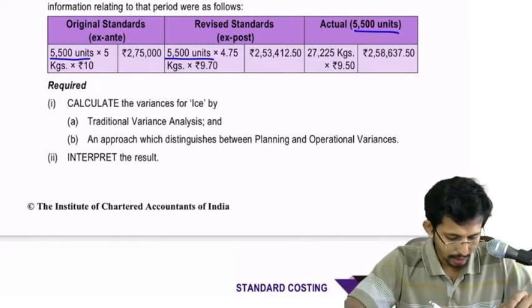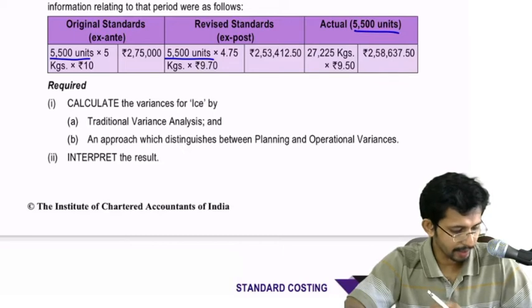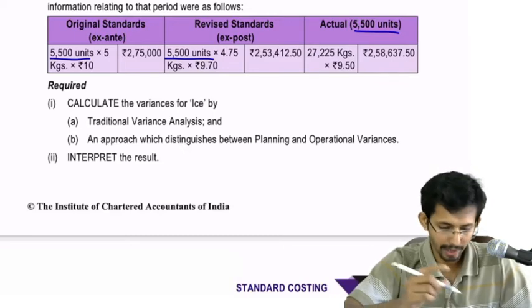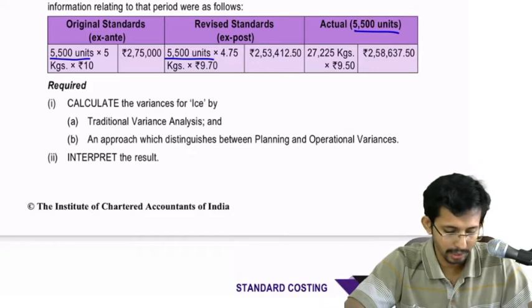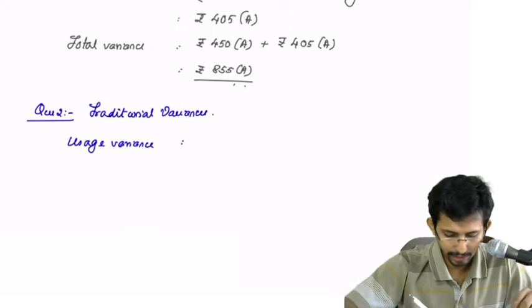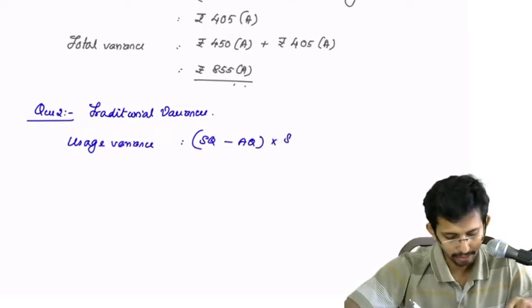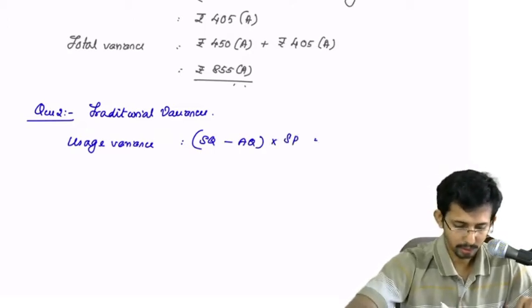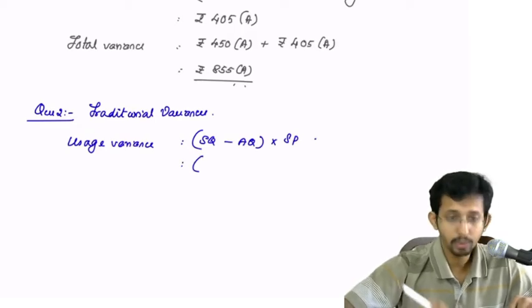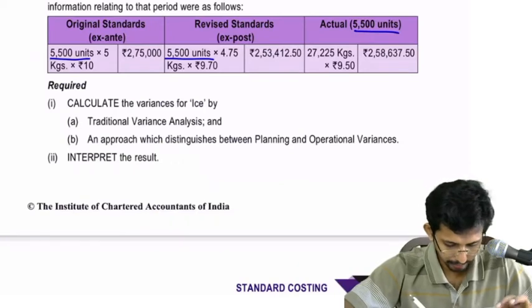Okay, so as per the budget, what was the material requirement? It was 5,500 into 5, that is 27,500. But actually how many did we consume? 27,225. Okay, so usage variance is standard quantity for actual production minus actual quantity, into standard price. What is SQ? SQ is 5,500 into 5.